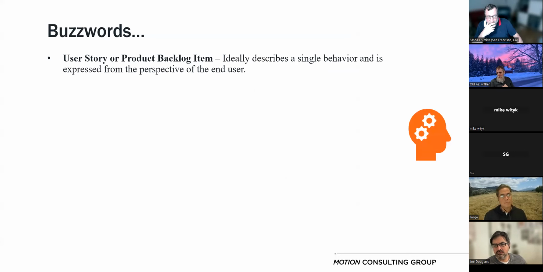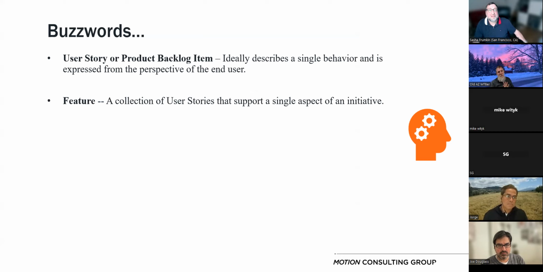So let's talk about a couple of words that I'm going to use, just so we're all on the same page. A user story or a product backlog item might be a ticket if you're used to using Jira. But ultimately what we're talking about when I say a user story is a single behavior, usually expressed from the perspective of an end user.